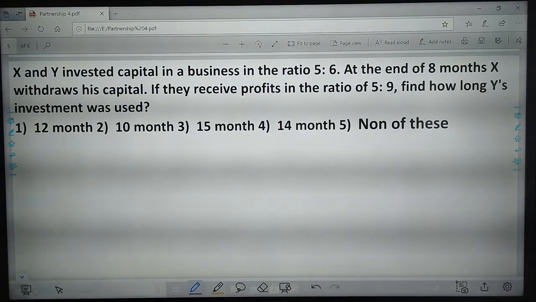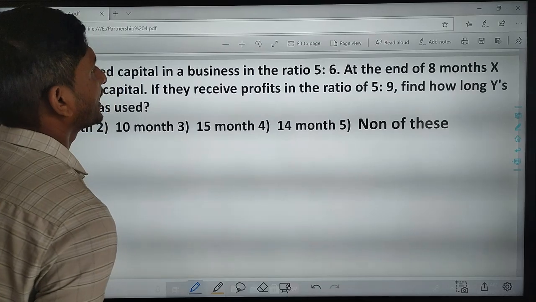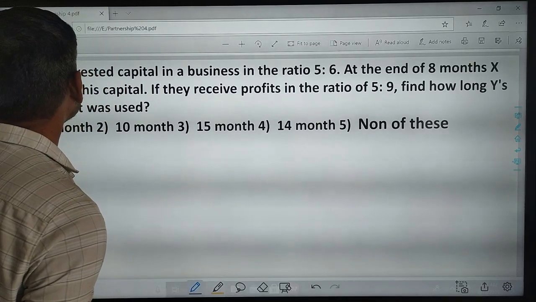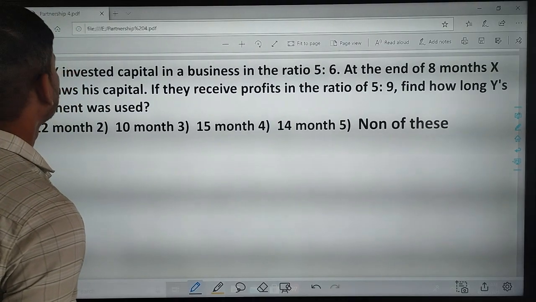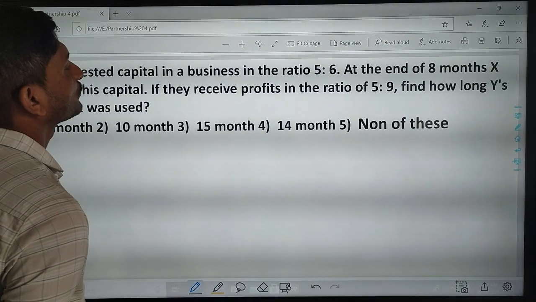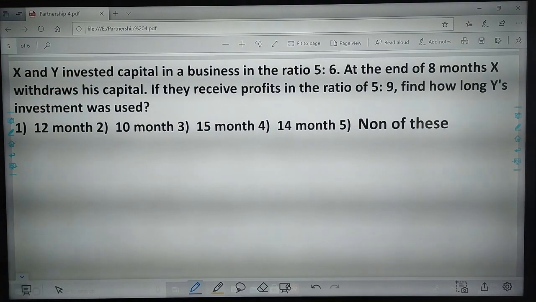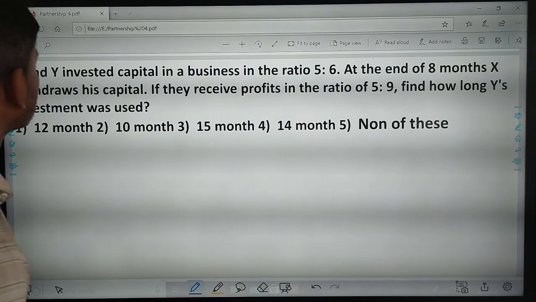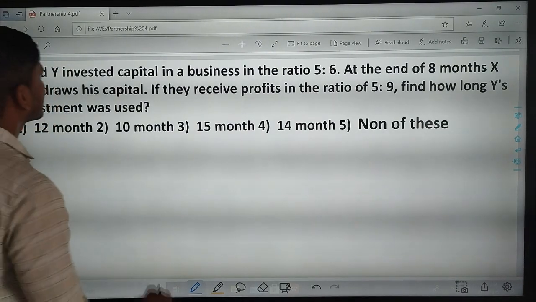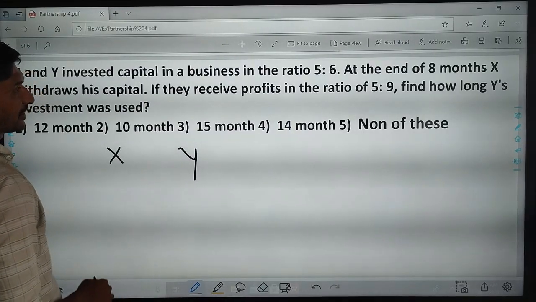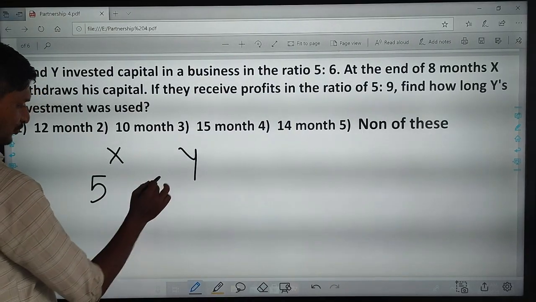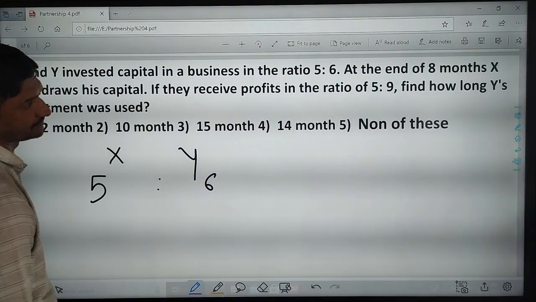X and Y invested capital in the business in the ratio 5:6. At the end of 8 months, X withdrew his capital. If they receive profit in the ratio 5:9, then find how long Y's investment was used. Here X and Y, the capital ratio is 5:6.